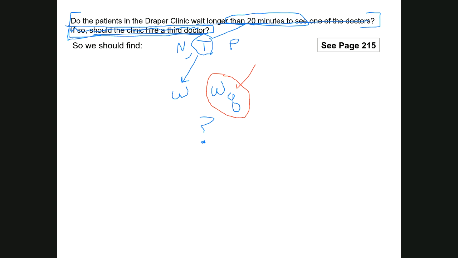We're going to look on the right-hand column, under the multiple server model, for the formula for W sub Q. Actually, we're not going to use the formula that's in the text, but we're going to use Little's formula. W sub Q is going to be L sub Q divided by lambda.